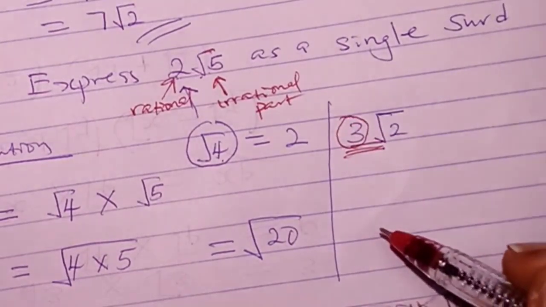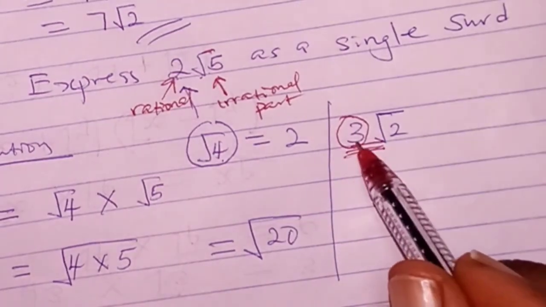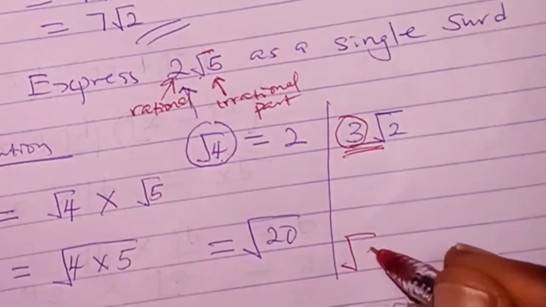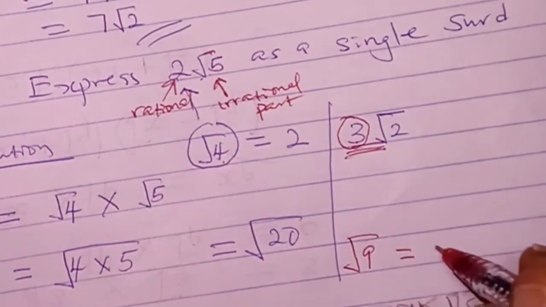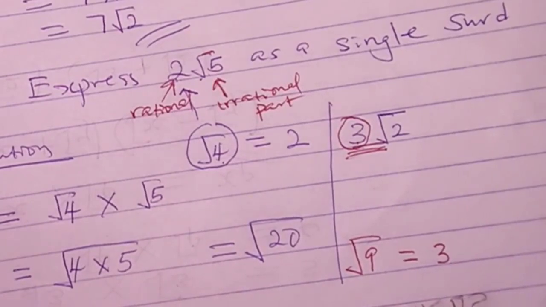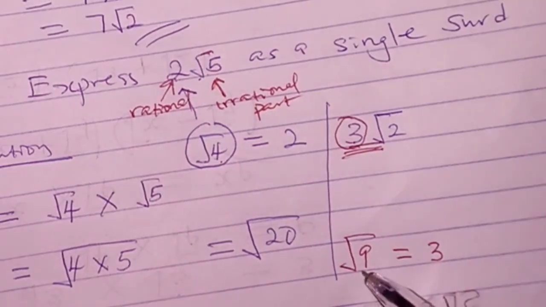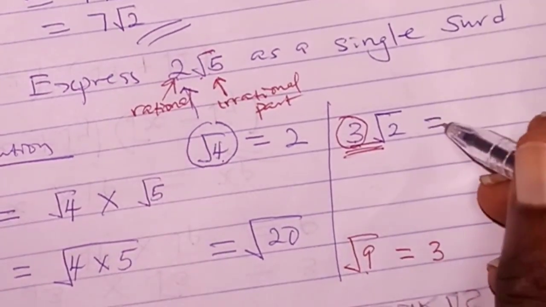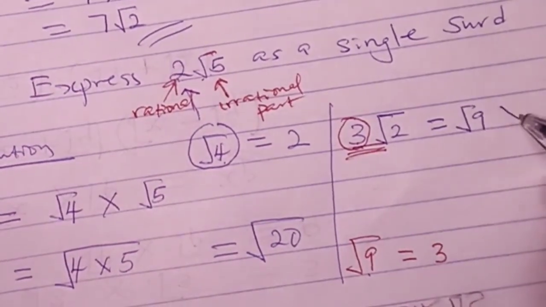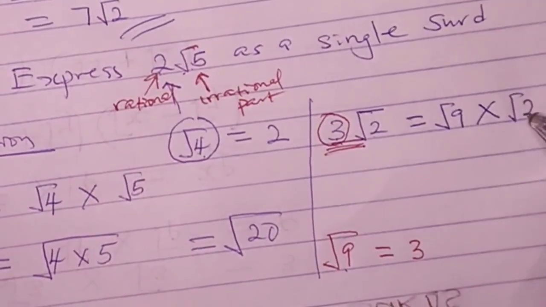Then you ask yourself, the square root of what number will give me 3? The answer is 9. It is the square root of 9 that will give me 3. Hence, I will replace this 3 with the square root of 9. So this is going to be the square root of 9 multiplied by my root 2 here already, so I bring my root 2.